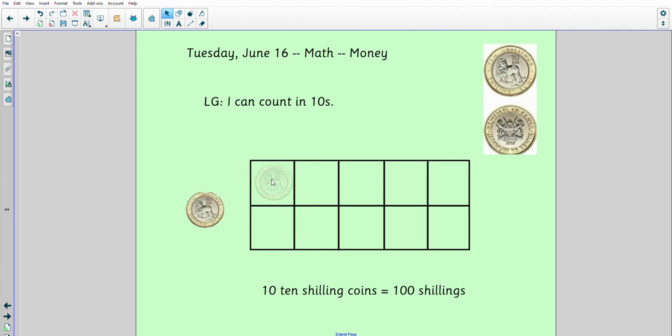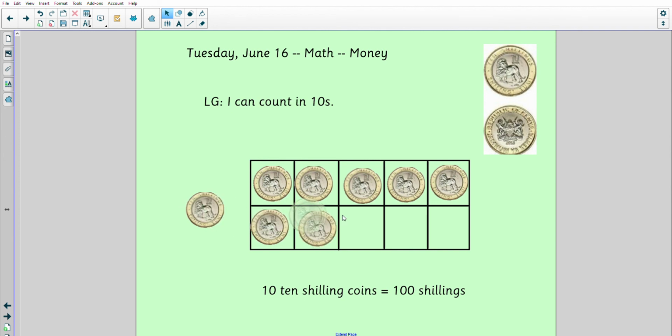Ready? 10, 20, 30, 40, 50, 60, 70, 80, 90, and 100. How many 10-shilling coins does it take to make 100? That's right, it's 10. 10 10-shilling coins makes 100, but we know that because we know that 10 10s makes 100.